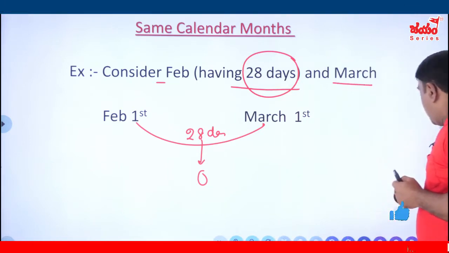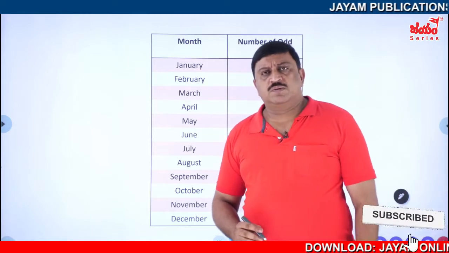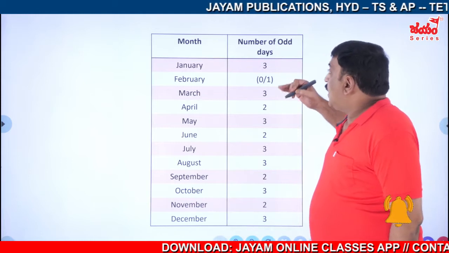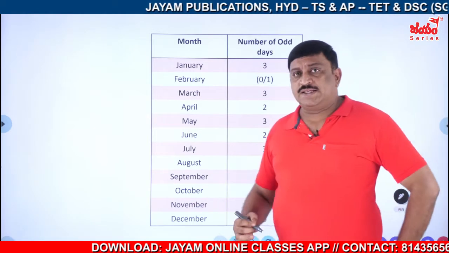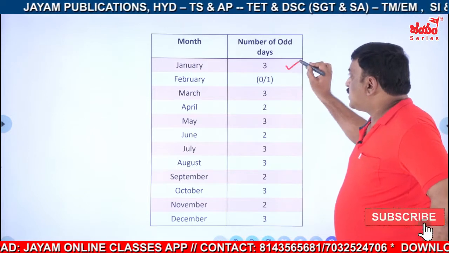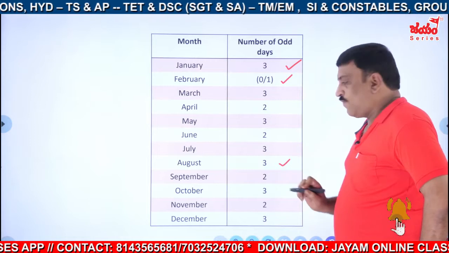Now let us go with the next discussion. Already we have done this, but again, January to December, let us see what happens. January has 3 odd days, February either 0 or 1, like this, August 3, fine.